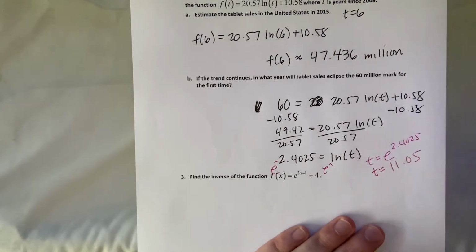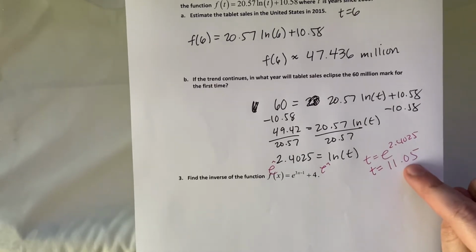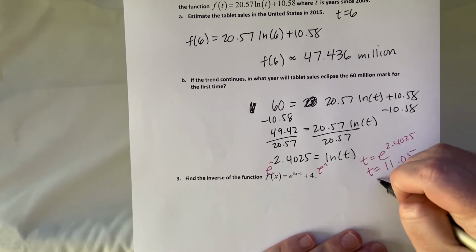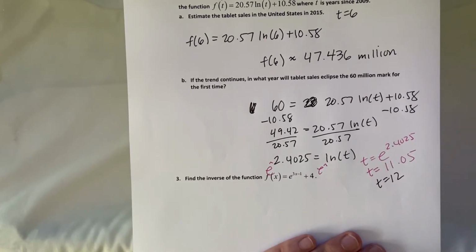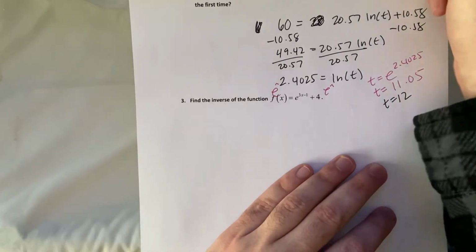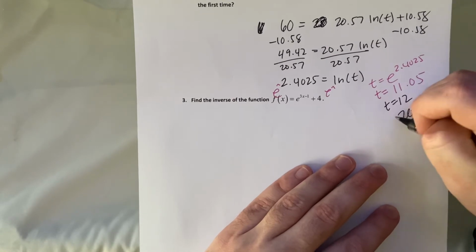But what does that actually mean? It means it's 11.05 years since 2009. In this problem, though, we always round up, so we have to say t equals 12, because the next full year that we'll do it is 12 years from now. It won't quite happen at 11, but I have to add 12 to the 2009 in the problem, so the year 2021.